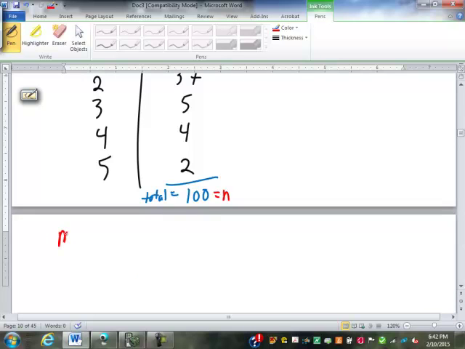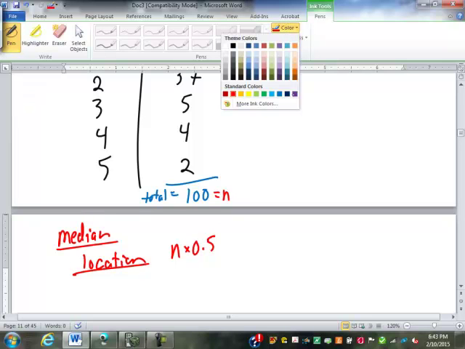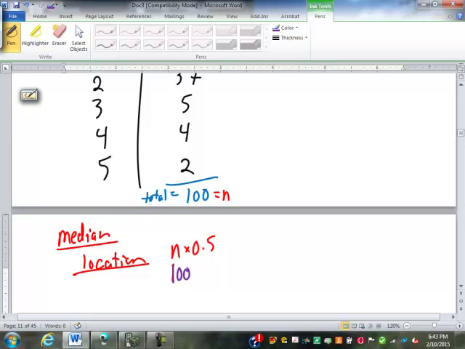The median, to find the location, we take n times 0.5. So that will be 100 times 0.5, which is 50. Now, since that's an integer, a whole number, that means it's between the 50th and 51st number, right? So now we just need to figure out where the 50th number is.